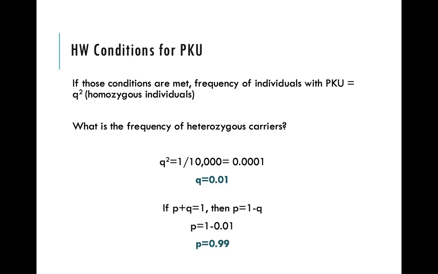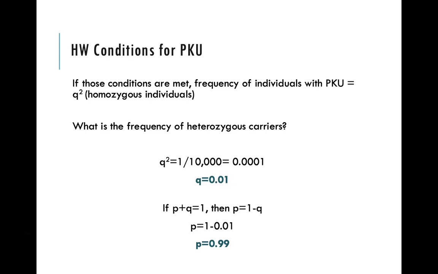So we were given a genotype frequency, the number of individuals with PKU. We use this to calculate the allele frequency, to calculate our q value. We cannot use the opposite, the 9,999 individuals, to calculate the p-value, and I'll talk about why in just a minute.